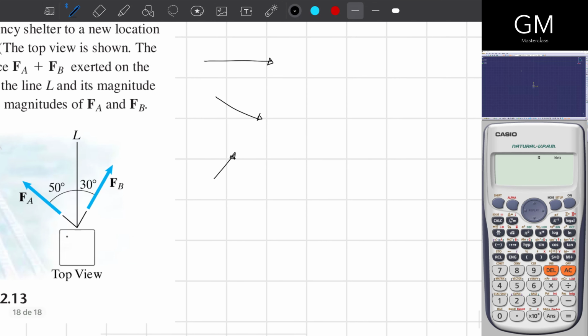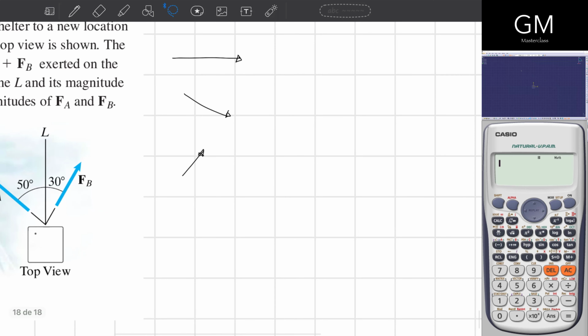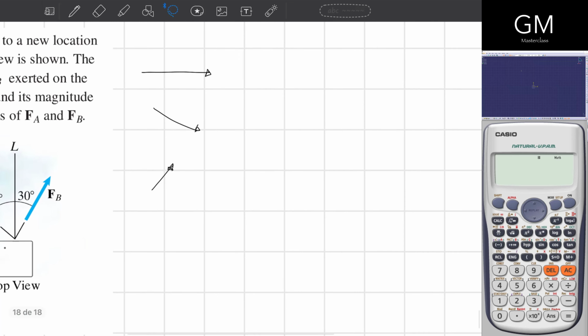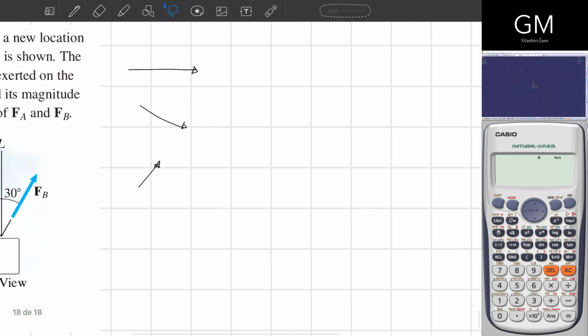When I'm creating a summation of vectors, graphically speaking, there is one requirement I have to comply with. I'm going to create one resultant shape with these three vectors. Let's imagine that there is, I don't know, 4.